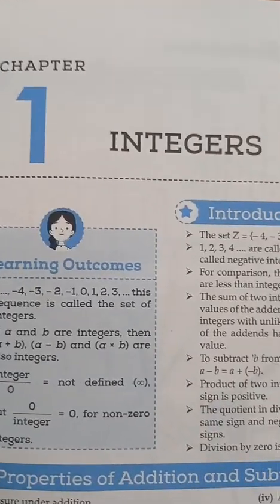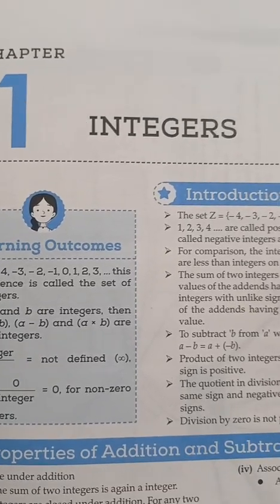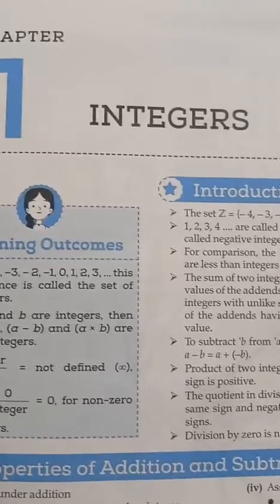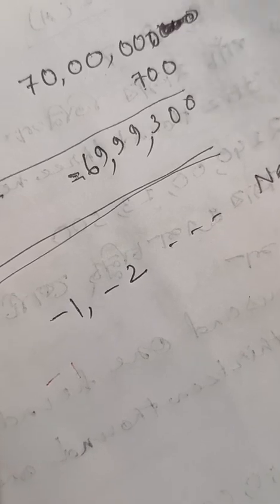Integers are the numbers which start from negative numbers, that means negative 1, negative 2, etc. Negative numbers.